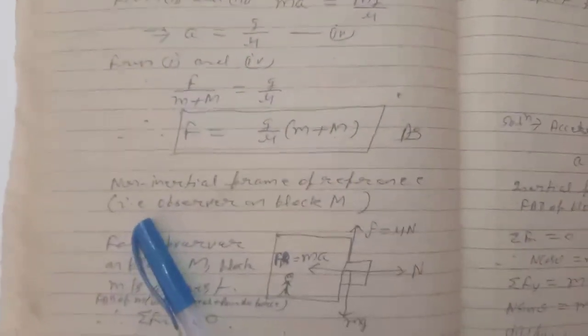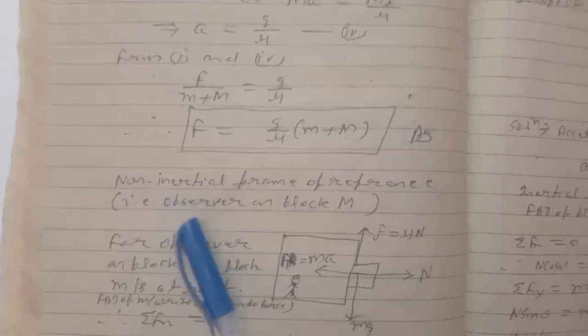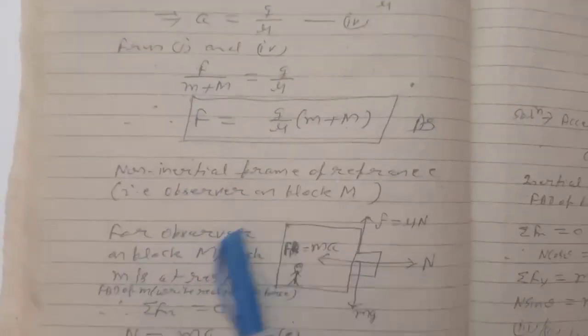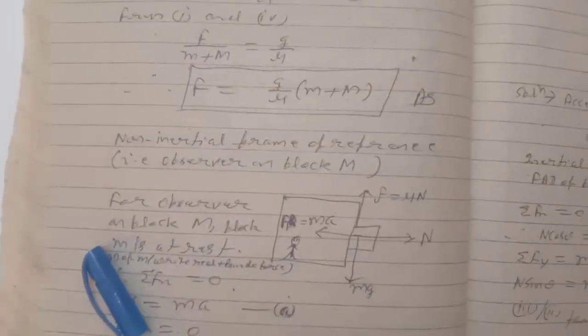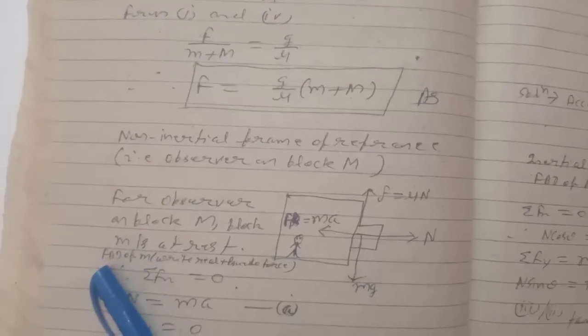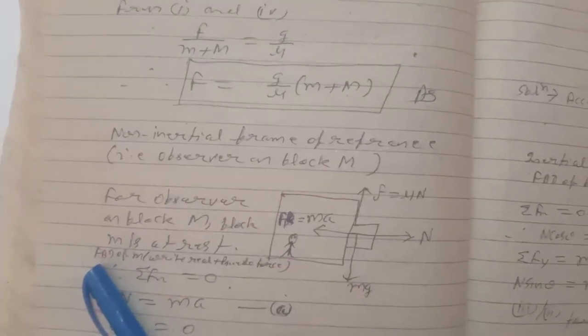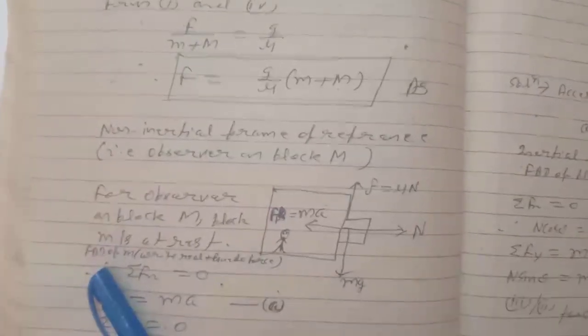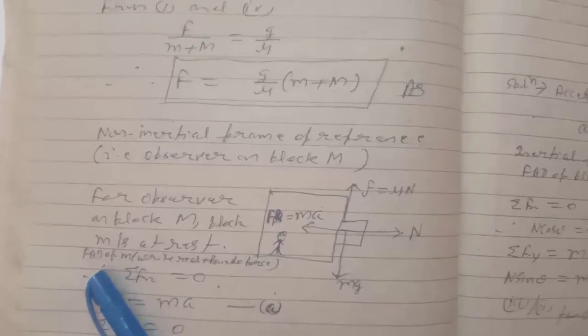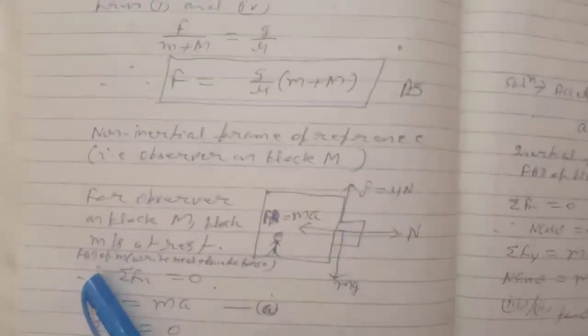Now considering the non-inertial frame of reference, that is the observer on block capital M. For the observer on block M, the smaller block m is at rest. Now for the FBD of m, we have to write real plus pseudo force.